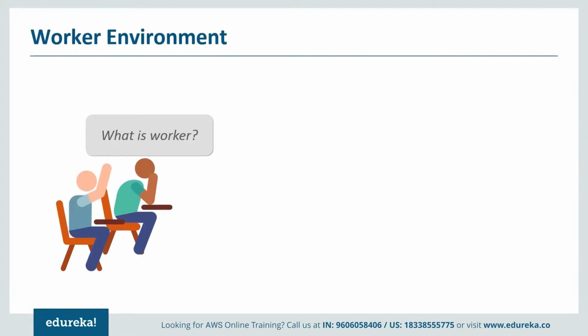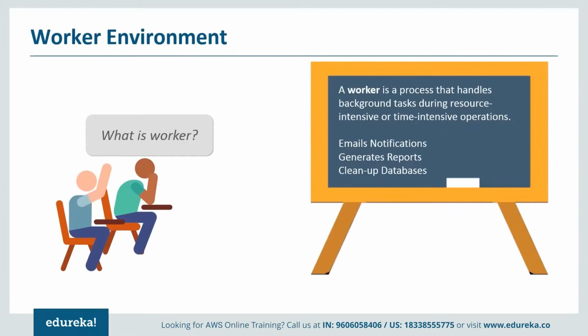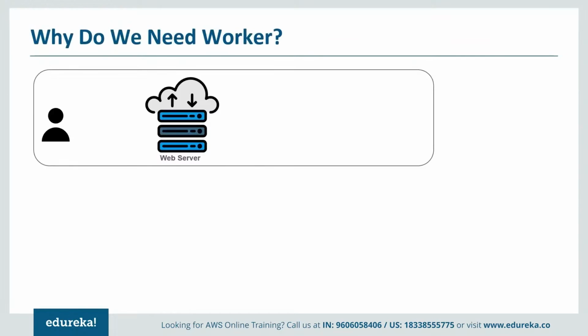This worker handles all these tasks on behalf of web server. So basically, worker is a process that handles background tasks which are time intensive and resource intensive. And in addition, if you want, you can use worker to send email notifications, to generate metric reports, and clean up databases when needed.